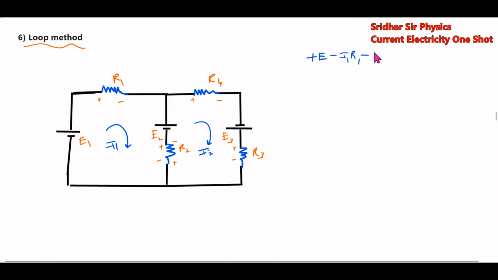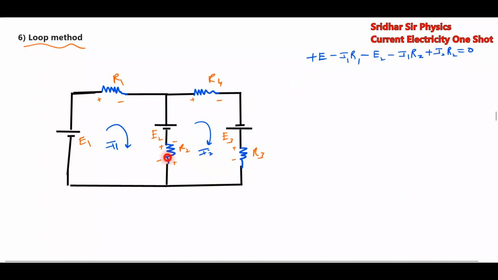Minus E2, minus I1 R2, plus I2 R2 equal to 0. So the loop equation is plus E1 minus I1 R1 minus E2 minus I1 R2 plus I2 R2 equal to 0. With respect to this loop current, you're moving from low to higher potential, a rise.